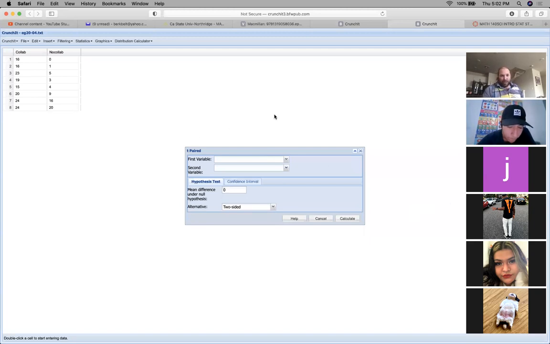I mean, we gotta fill this in, right? So mathematically, what are we testing is the question. We know it's a hypothesis test. What's the mean difference under the null hypothesis? We're testing to see if there's a difference, right? So if there's no difference, it will be 0, right? Is it a greater than, less than, or is it a one-sided situation?